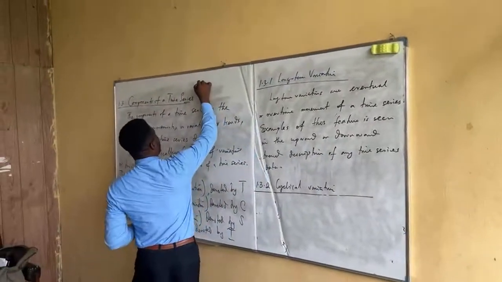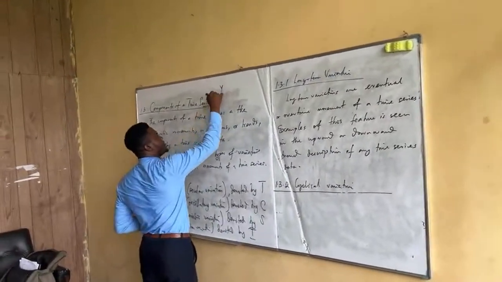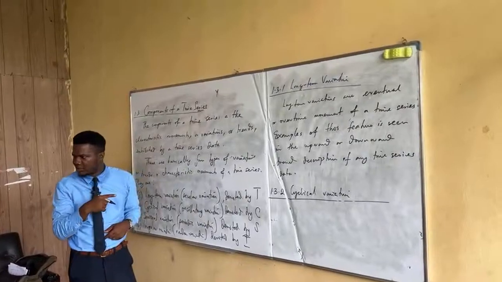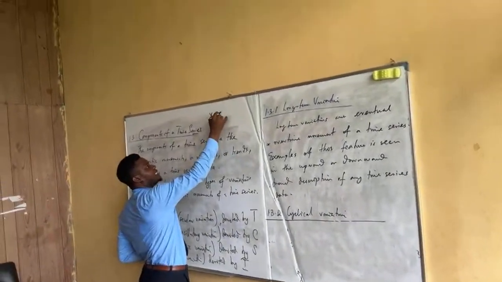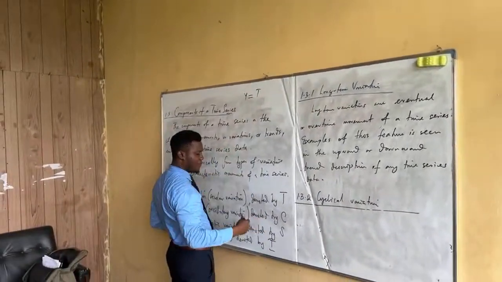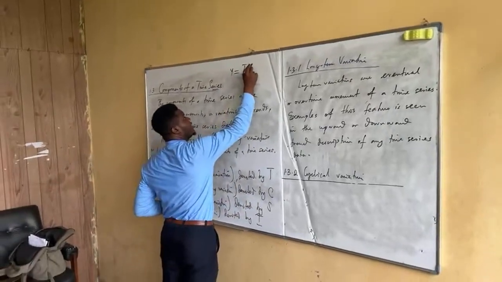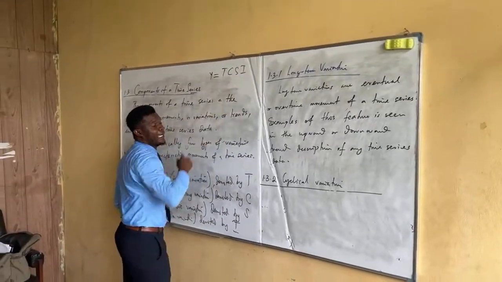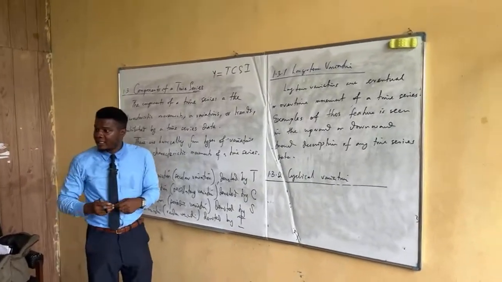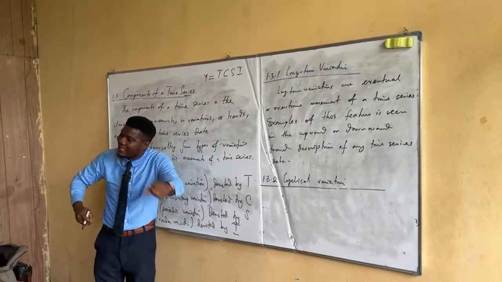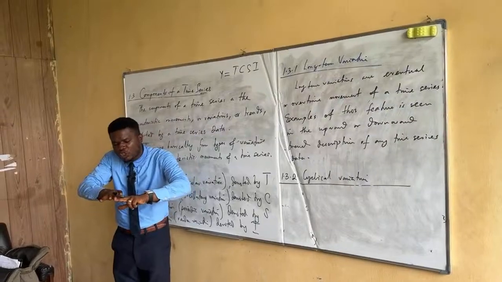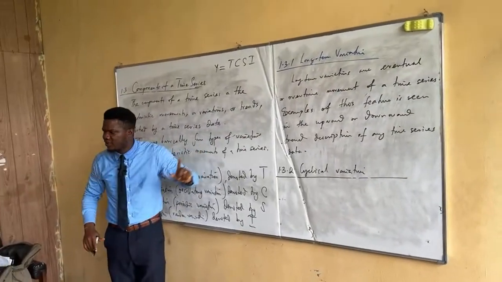When we get to time series analysis, we will come to realize a time series can be viewed as a product of T, C, S, and I. And the aim of a time series analyst will be to smoothen a time series graph.